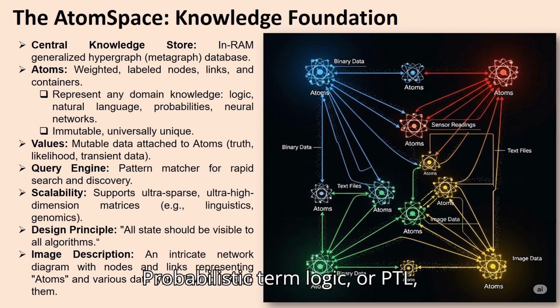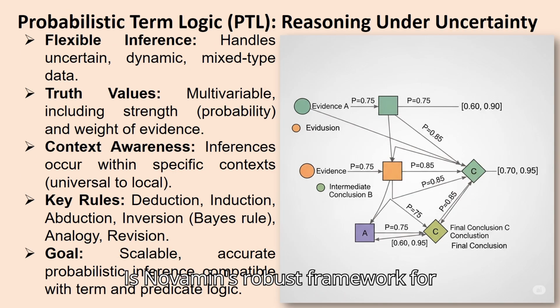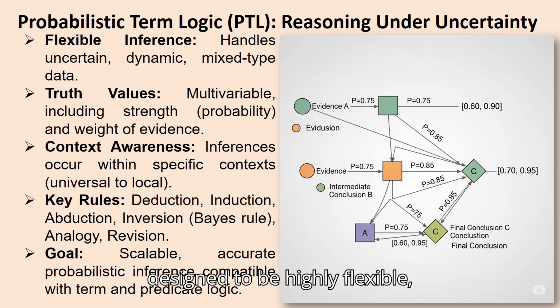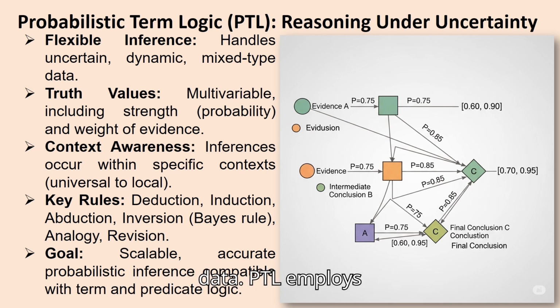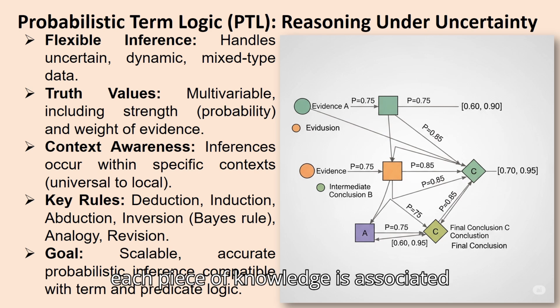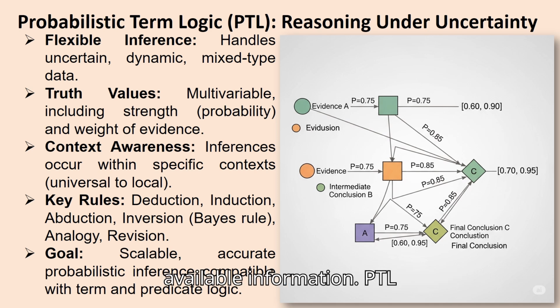Probabilistic term logic, or PTL, is Novamente's robust framework for reasoning under uncertainty. It's designed to be highly flexible, accommodating dynamic and mixed-type data. PTL employs multivariable truth values, where each piece of knowledge is associated with both a probability and a weight of evidence, reflecting the system's confidence. Inferences are context-aware, adapting to the scope of available information.